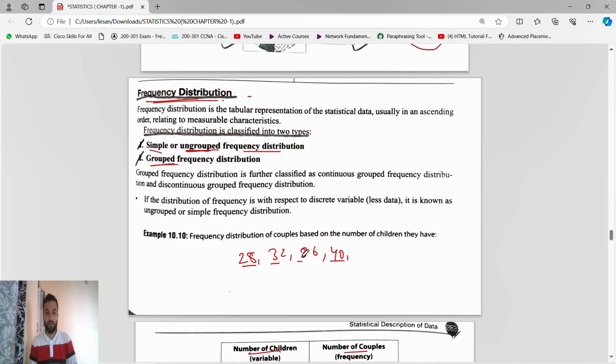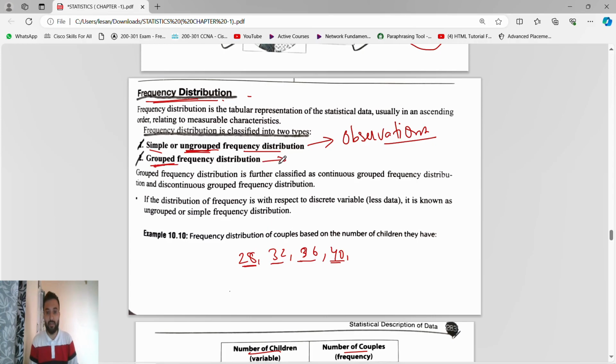Ungrouped means, by the name itself, they are not in a group. It is just observations. Ungrouped frequency distribution consists of only observations.